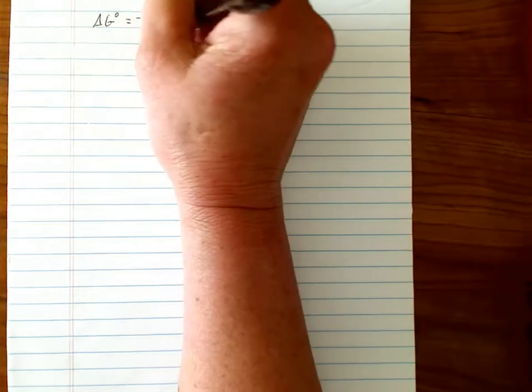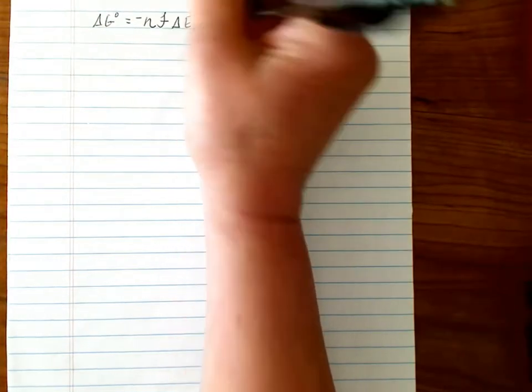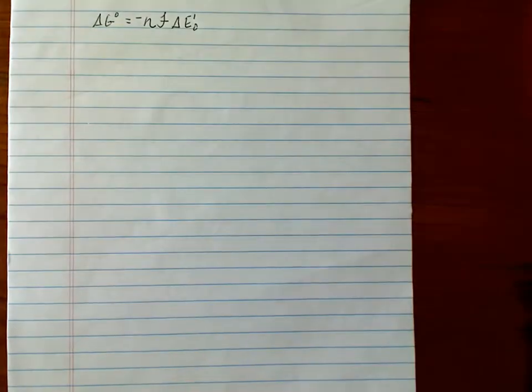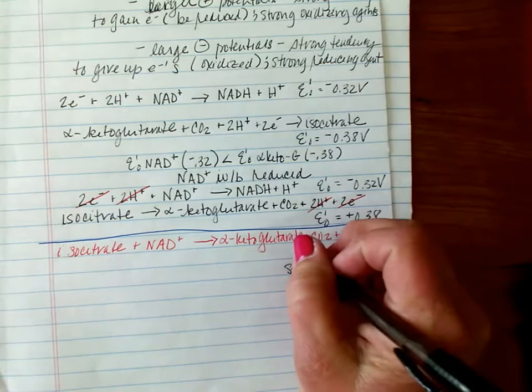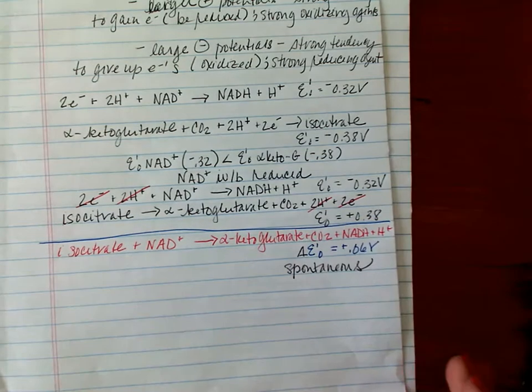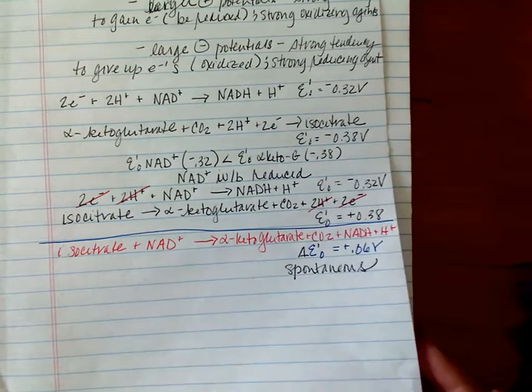I'll give you that overall equation: the standard change in free energy equals negative n, which is the number of moles, times the Faraday constant, times the change in the E of the cell. And actually, I should have put a change here, because that is the change.